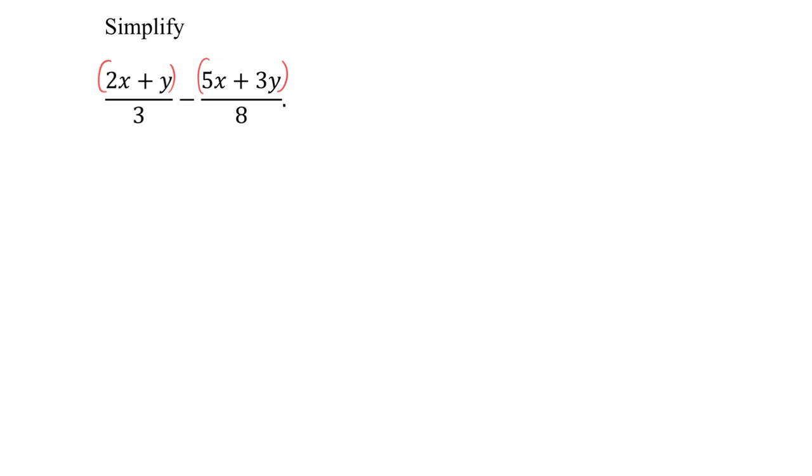Now, what is the lowest common multiple of 3 and 8? The lowest common multiple, which is LCM for short, of 3 and 8 is equal to 24.